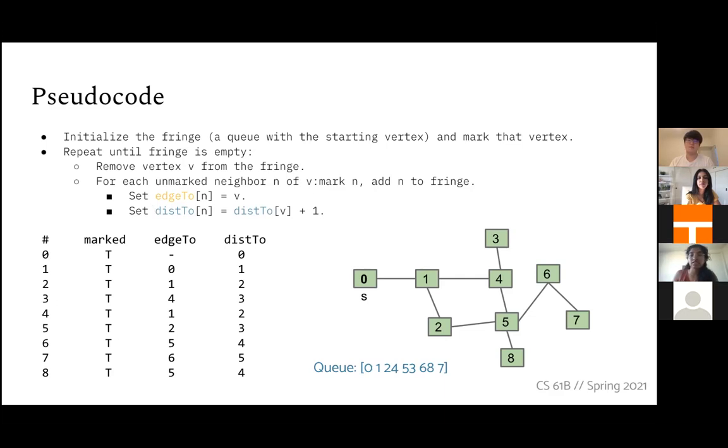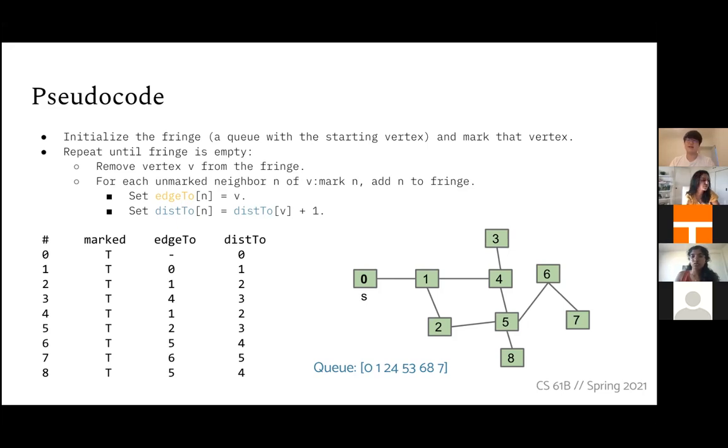But basically, this is BFS, correct? So when we go to 5, it's actually a tie. The distance from 4 to 5 or 2 to 5 is the same level, same depth.